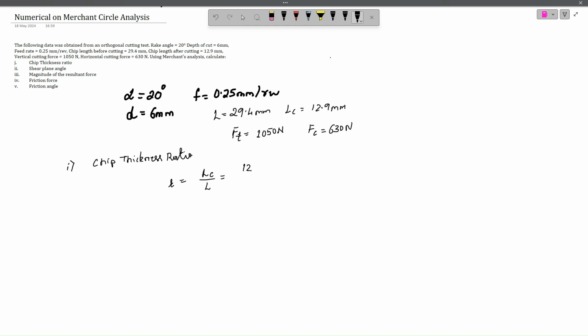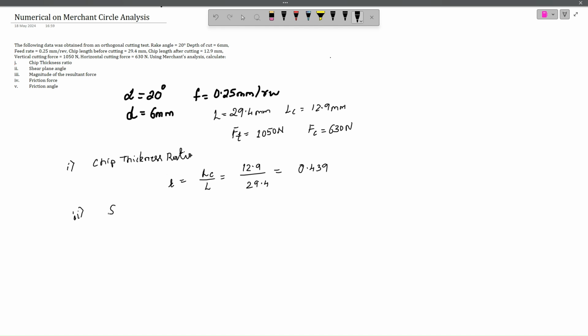Substituting the values, we have 12.9 divided by 29.4. On substitution, we get the value of r as 0.439. So this is the value of the chip thickness ratio, the first parameter.